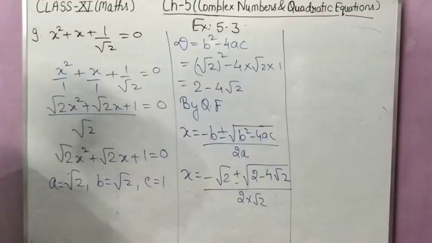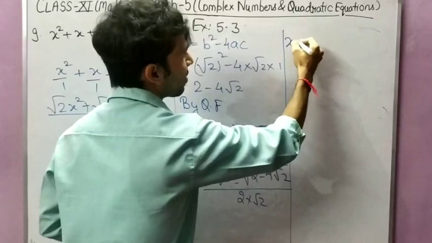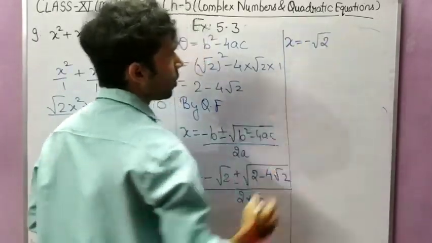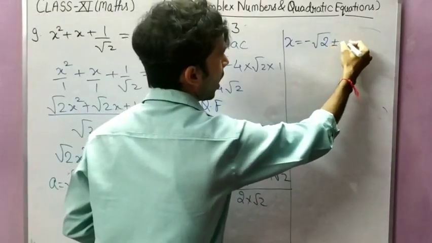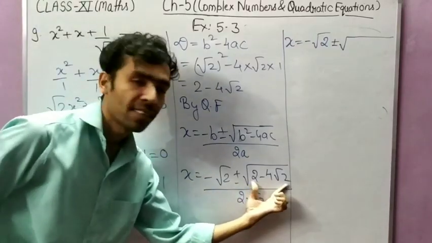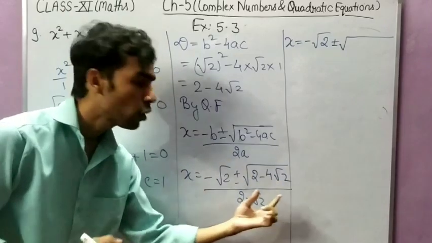Now what I can write, student, the value of x will be equal to minus root 2 plus minus under root. Student, see, can I take anything common between them?